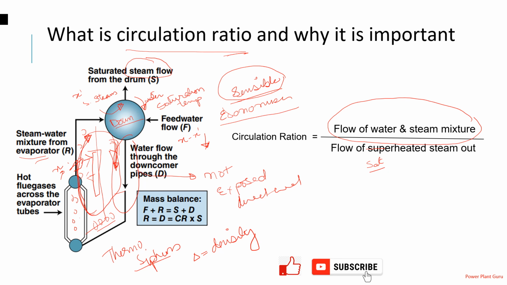So this is the ratio: the flow of the entire mixture which is circulating, to what is going out from the drum. That is your ratio. I hope you have understood what the ratio is. Now, how does this ratio change? Let's say I am giving a lot of heat to this area.